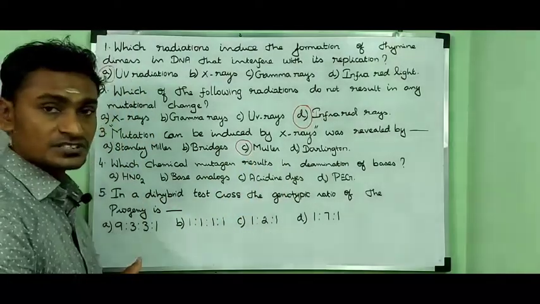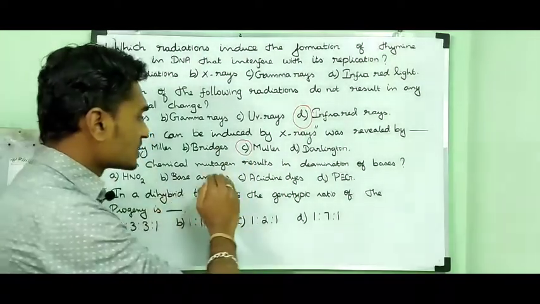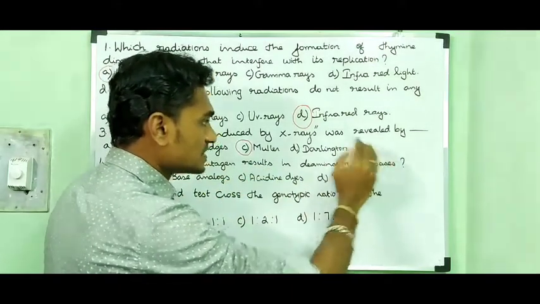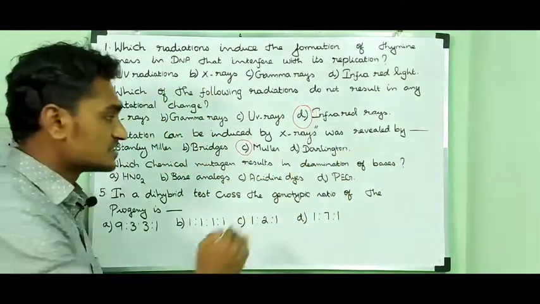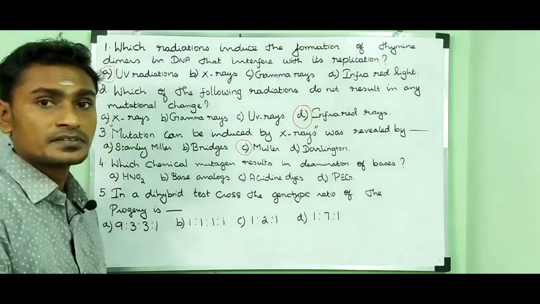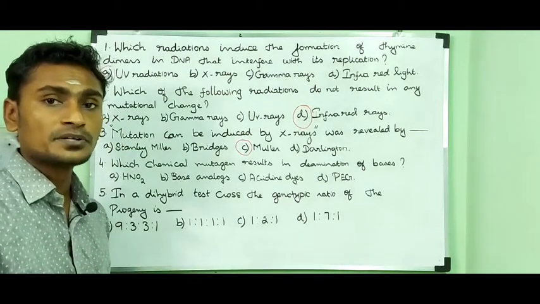Then the fourth question: which chemical mutagen results in deamination of bases? Deamination means the removal of the amino group.